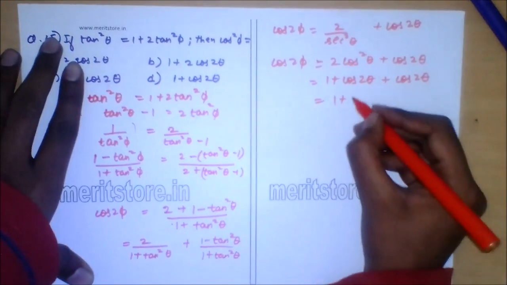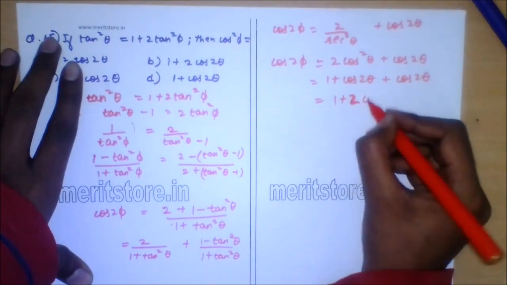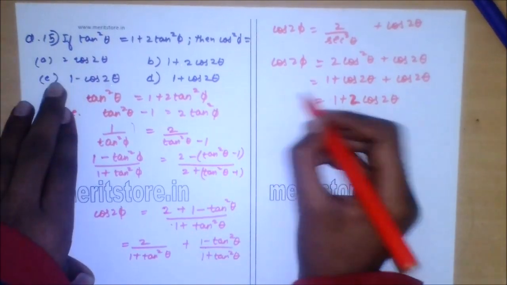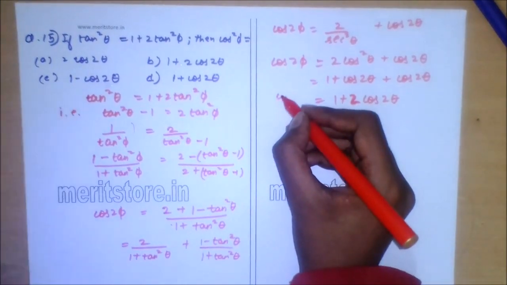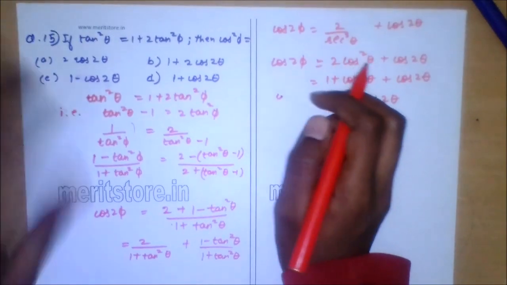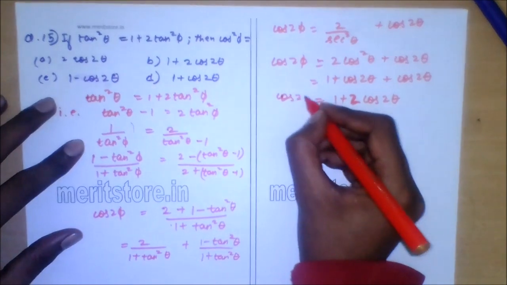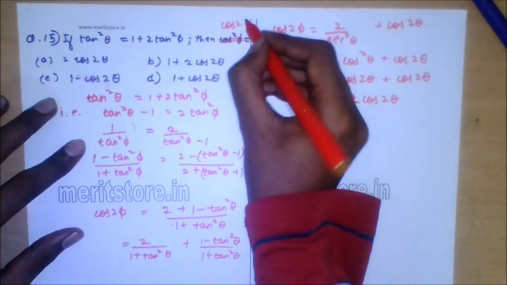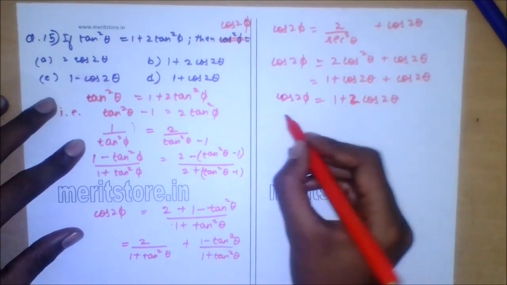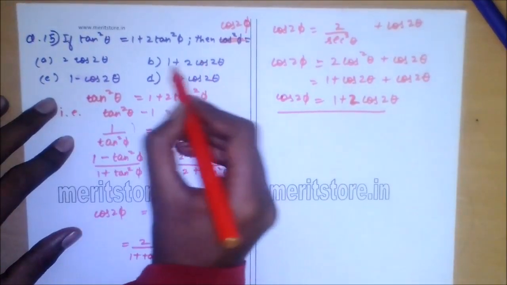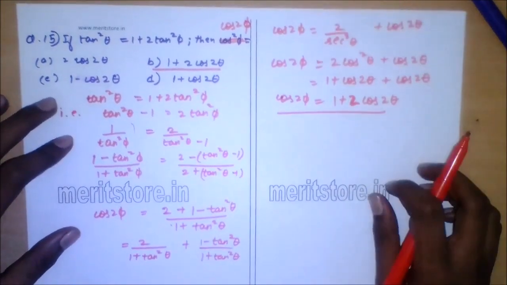So the final expression is 1 plus 2 cos 2 theta, which is cos 2 phi, and there is a correction in the question. We are supposed to find cos 2 phi. So cos 2 phi is 1 plus 2 cos 2 theta, which is option B. So option B is the right answer.